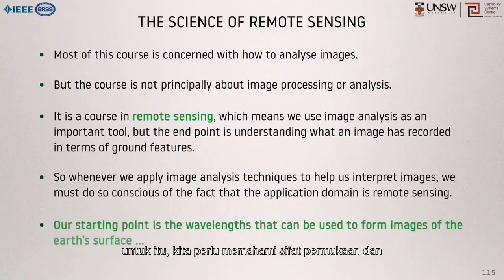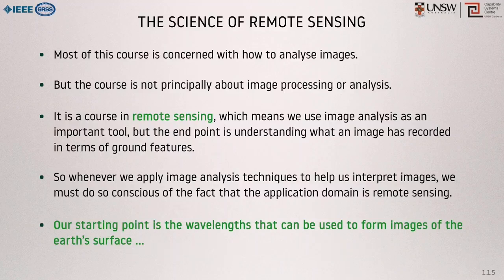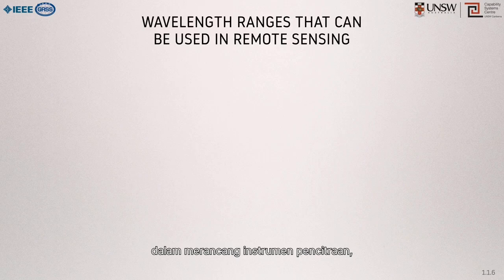To that end, we need to understand something about the properties of the surface and the importance of the wavelengths used to form images. When thinking about the design of an imaging instrument, our first consideration has to be what wavelengths the system should be capable of recording.